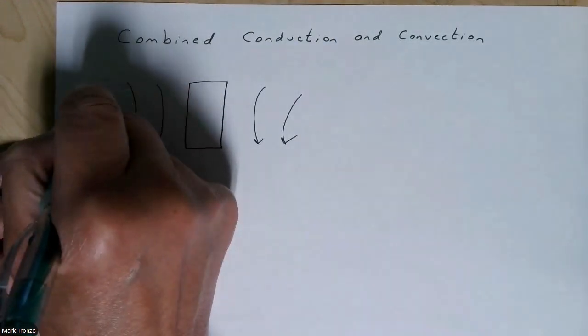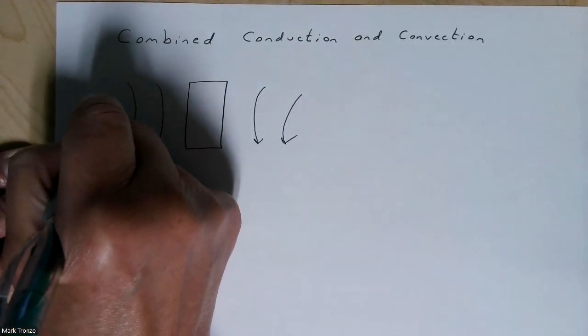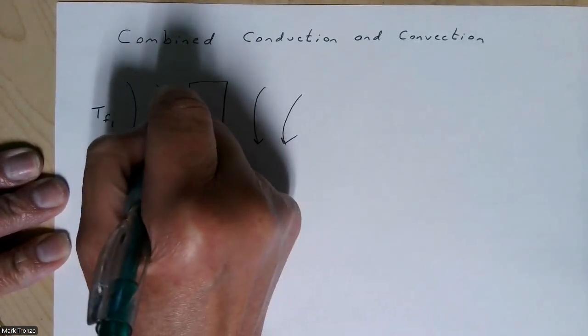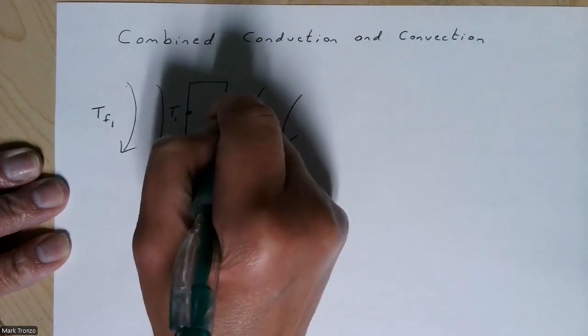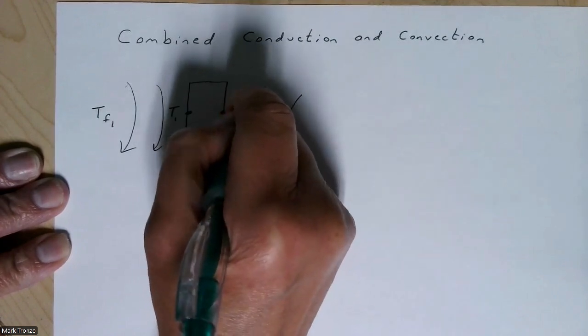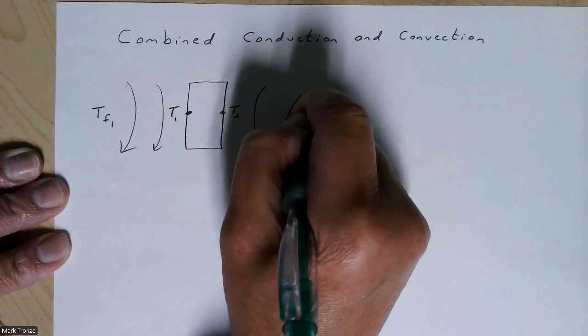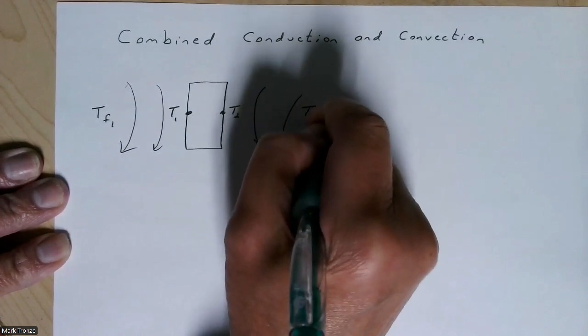And so let me call this TF1 and maybe call this T1 and T2 and maybe call this out here TF2.